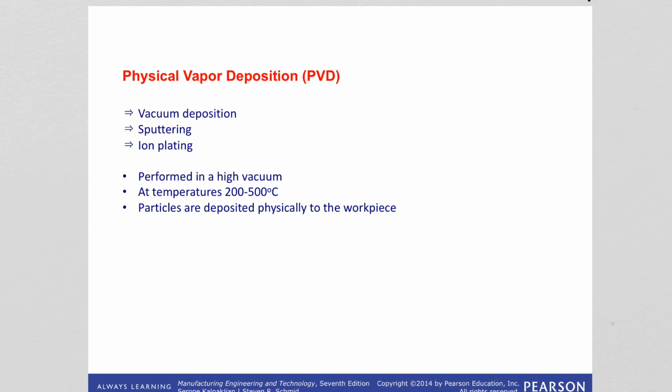That's why these processes always require high vacuum. So the particles to be deposited are carried physically to the workpiece. But in chemical vapor deposition, it will be chemical reactions that are carrying the particles that are going to be deposited onto the surface.